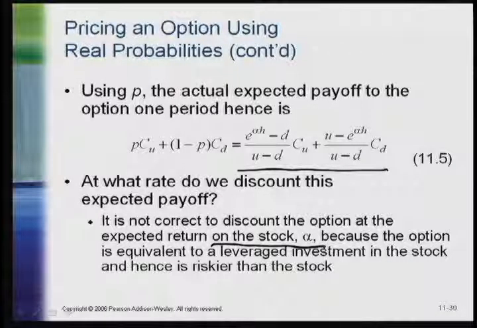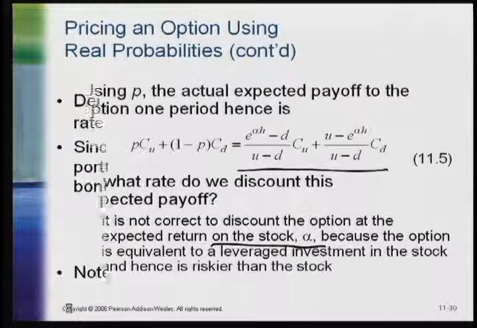Alpha is the appropriate expected return on the stock, but it's not the appropriate risky return on the option. It's really the risky return on the option that we need to discount this expected price.